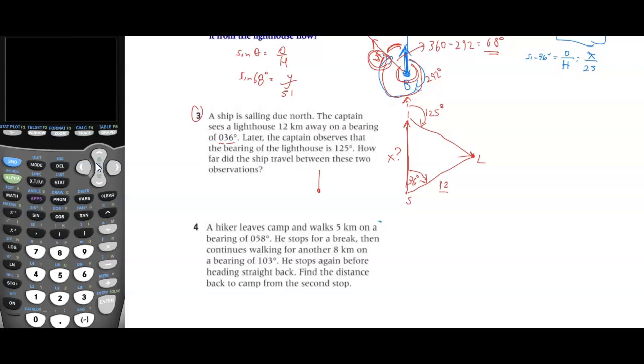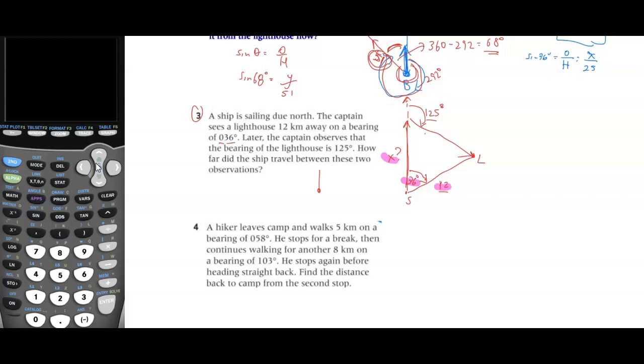But how do we know if it's cosine rule or sine rule? Well, let's try to see which angles we have. We have basically this angle, and we have this side, and we'd like to know this side, and that's all we know. Okay, so if we tried to do sine rule, we'd be unable to do it because we don't know too many things, right? Now, we didn't use the fact that this is 125 degrees yet.